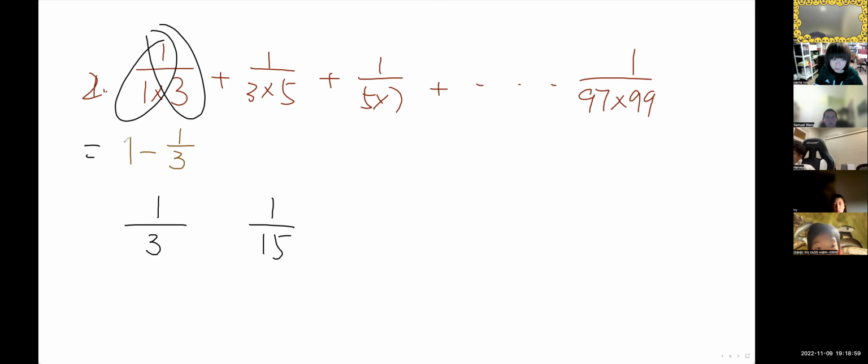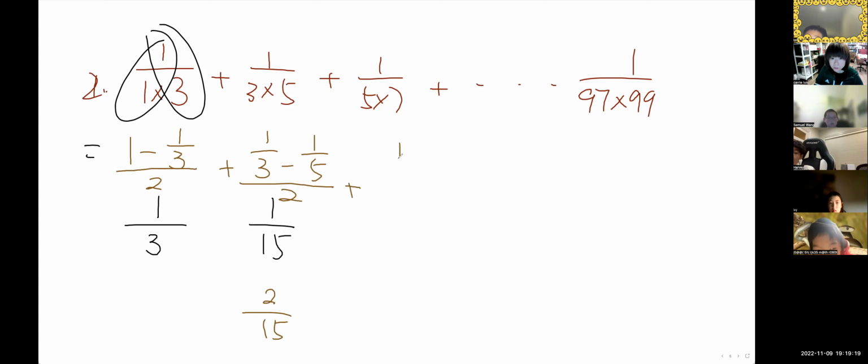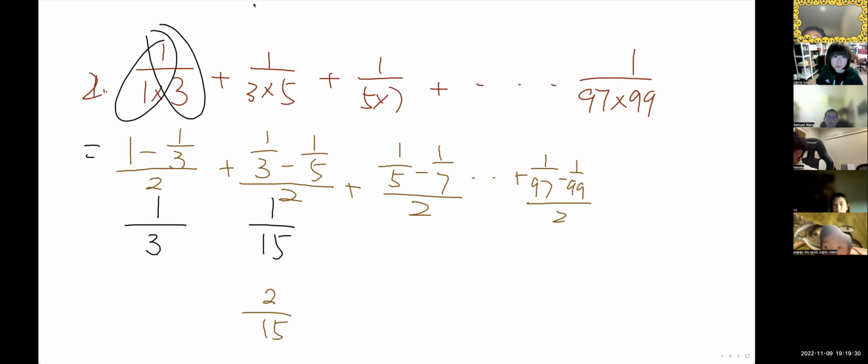It's not equal, so what do we do? No choice, we divide by 2, right? The second one: 1 over 3 minus 1 over 5 equals what? Equals 2 over 15. Now, my target is 1 over 15. So what do we do? Divide by 2. You're going to find out all of them are still the same, but you need to divide by 2.